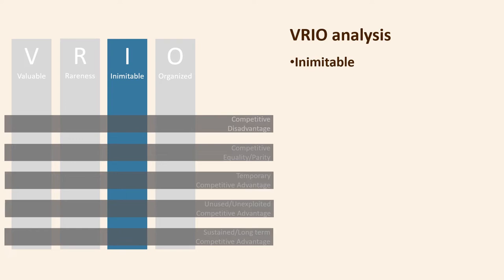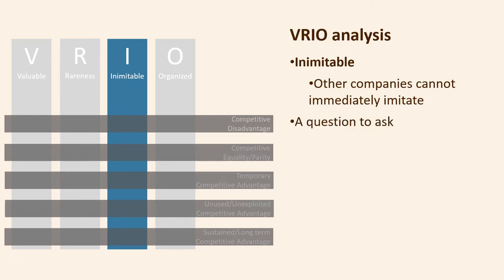The third is inimitable. This situation occurs when other companies cannot immediately imitate the resource or replace it with a similar one. A question you could ask: do firms without this resource face a cost disadvantage in obtaining or developing it?